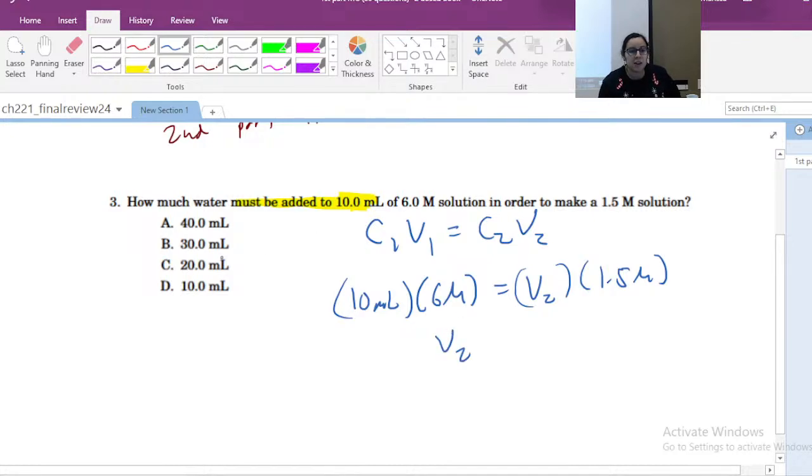I accepted most people's answers for 40, so I let that slide for your quiz, but for your exam, I may not be so lenient. You had to add 30 milliliters because 40 was our final volume, but we already had 10. So this was the true correct answer. That's what I'll be looking for again on the final, hint, hint, if this question makes an appearance.